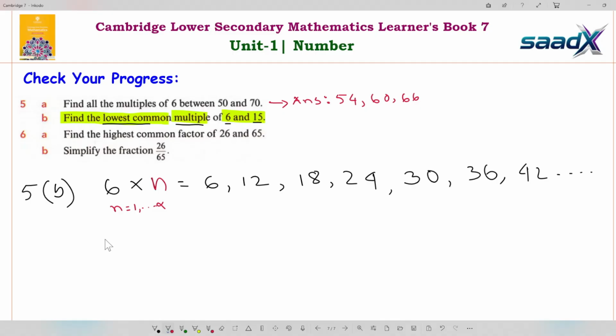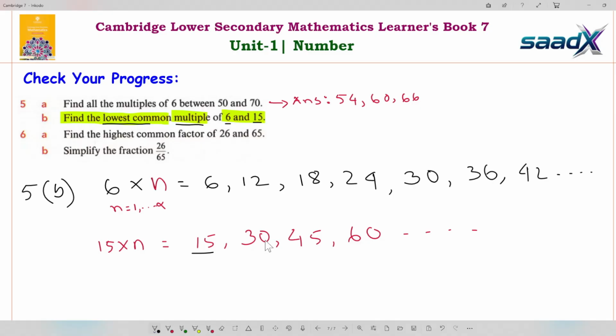So what about 15? 15 times n, it means 15, it's 30, it's 45, it's 60, lots of things we will get. These all are multiples of 15 and these all are multiples of 6. But we have to find out the lowest common multiple. So which is the lowest? Here 15 is lowest in 15, but 6 has no 15.